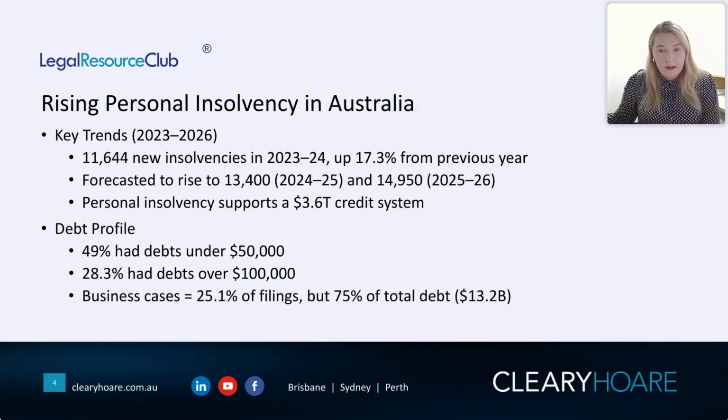But interestingly, the dot point at the bottom says that individuals who were in business themselves only accounted for roughly a quarter of all the bankruptcy filings, but the amounts that were involved in their bankruptcies accounted for 3/4 of the total debt. That clearly shows us that there's a fair amount of risk when dealing with business, and large quantums of debts that can arise from those businesses.